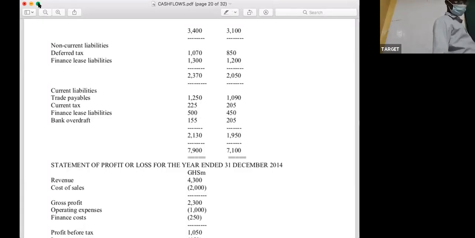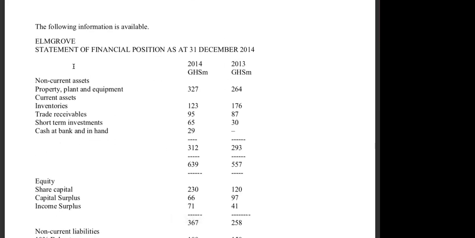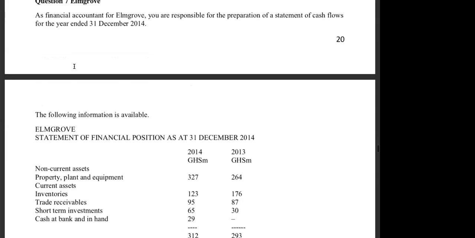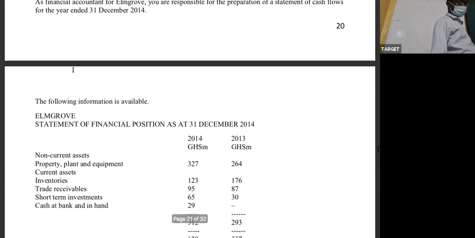So picking the material, question number 7, Elmgrove Limited. Let's go straight to the comments.